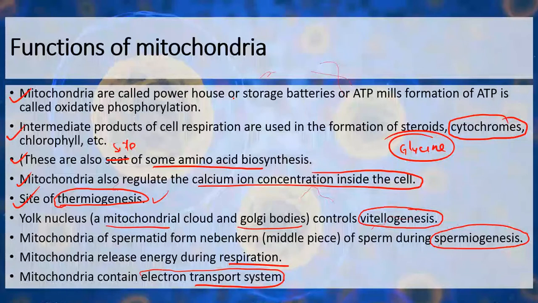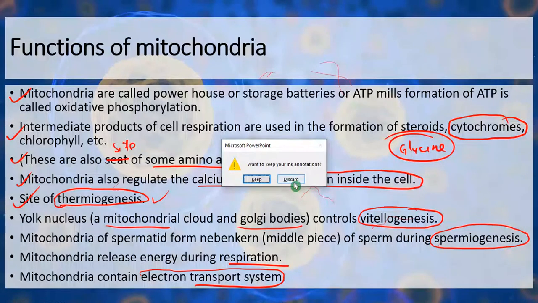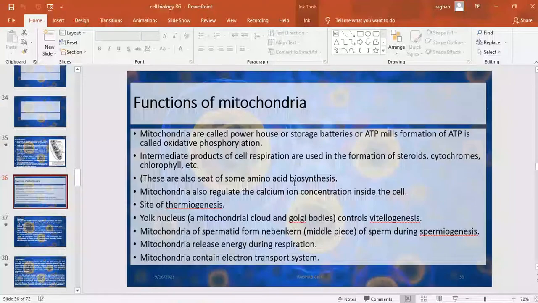So remember, double membrane bound structures, semi-autonomous. Why are they known as semi-autonomous cell organelles? Can anyone tell me why they are considered semi-autonomous organelles?